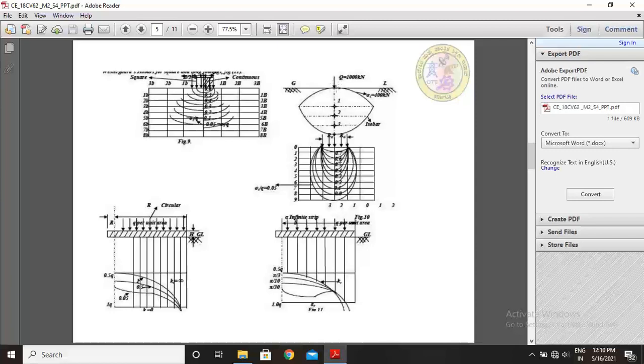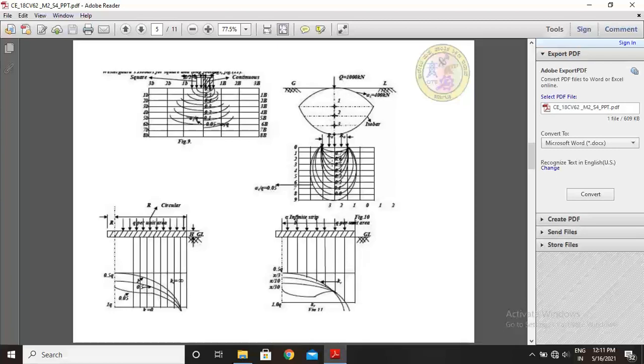See here the shape of the curve. This is the stress curve. At 1 meter depth, this type of stress occurs. If the depth is increased beyond 1 meter, stress occurs like that. This line is called an isobar. This is the vertical stress with respect to 400 kilonewtons. See this figure with respect to the same.